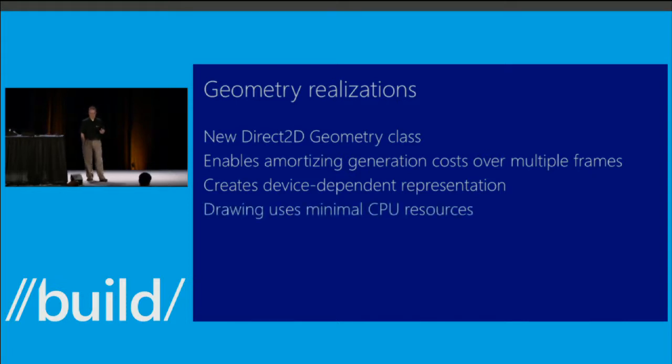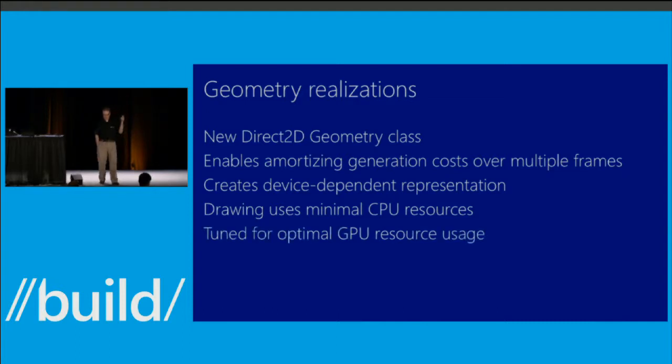It's also tuned to optimize our GPU resources, because you specify this command such that we know what hardware we're on, which allows us to do the most optimal thing possible.